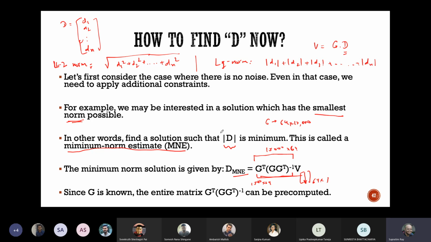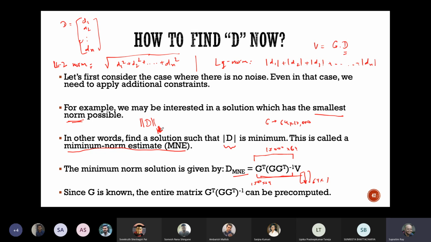When it comes to just a number, there are various ways to define it. For example, you could define the L2 norm like this. Some people, because the L2 norm is the most popular one, would drop this, and then this becomes the natural L2 norm, because that's the most common one used. But typically you would put a number here to indicate which norm this is.